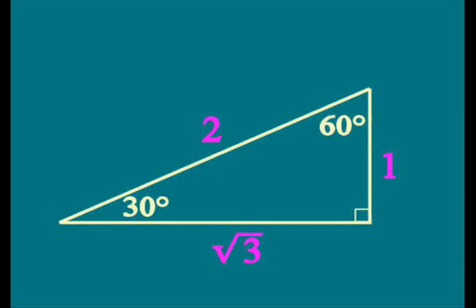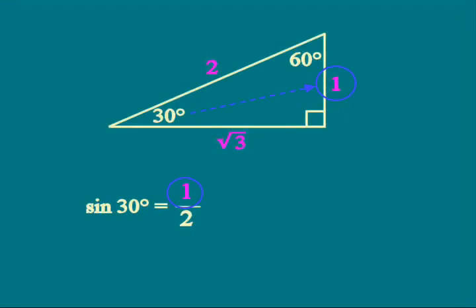Now we are ready to find the sine and cosines of some angles. Let's find sine of 30 degrees. Sine is opposite over hypotenuse. The opposite side of 30 degrees is 1. The hypotenuse is 2.